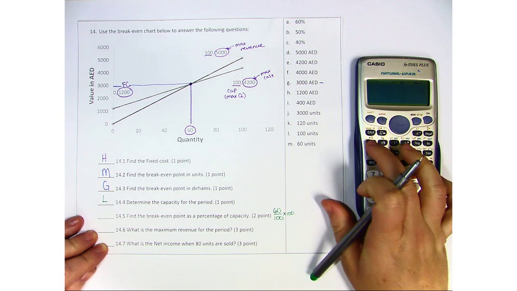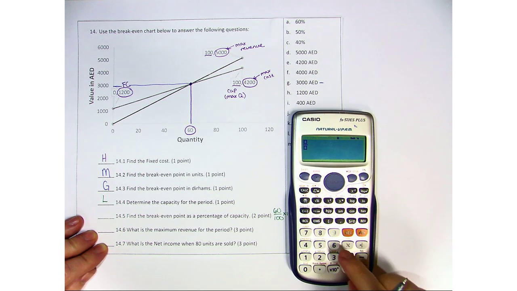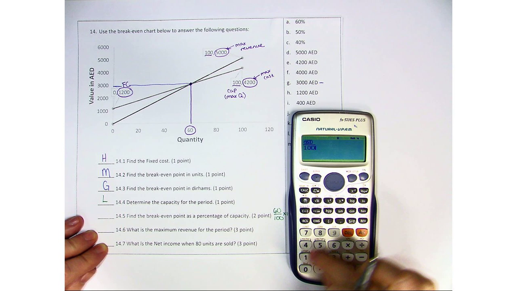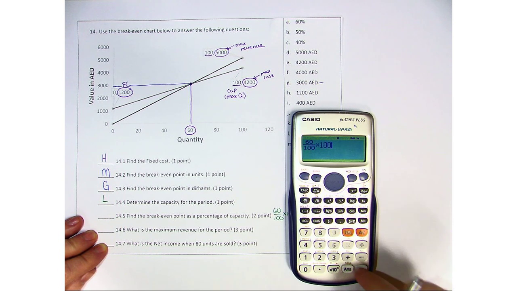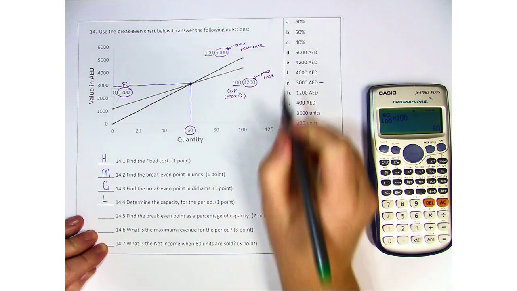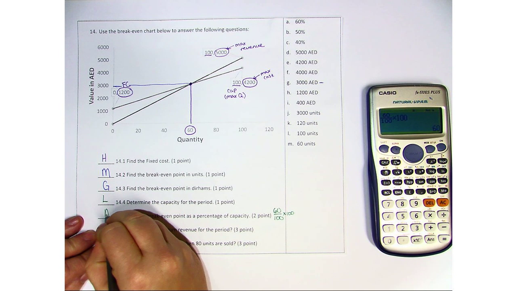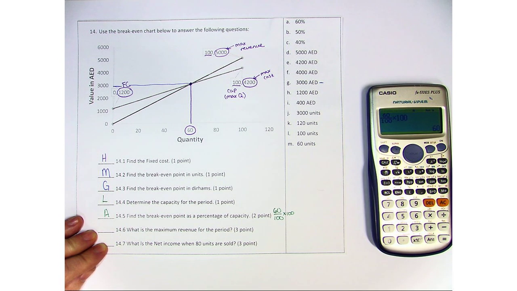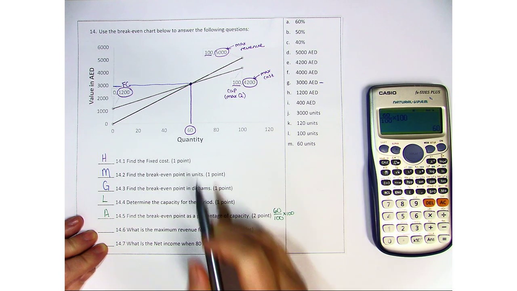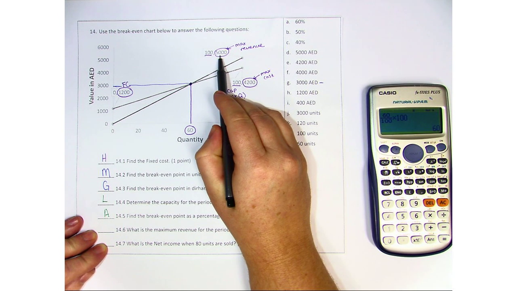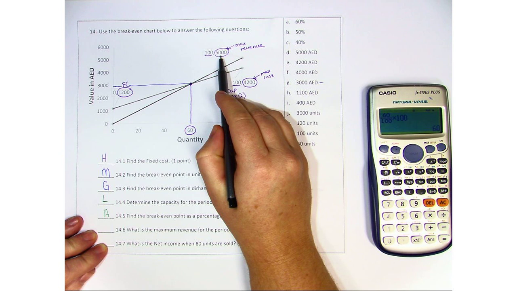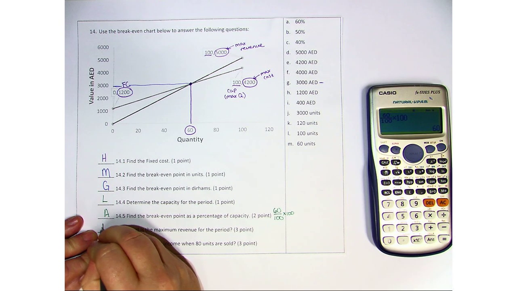So I'm going to start by taking my fraction and doing 60 over 100 and then multiplying by 100, and we get back 60%, or A. Now the next question said, what is the maximum revenue for the period? This is where we looked at labeling earlier. Here, 5,000 was the maximum revenue we identified, so that is choice D.